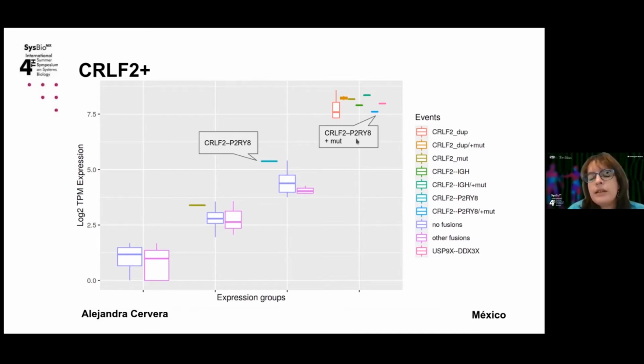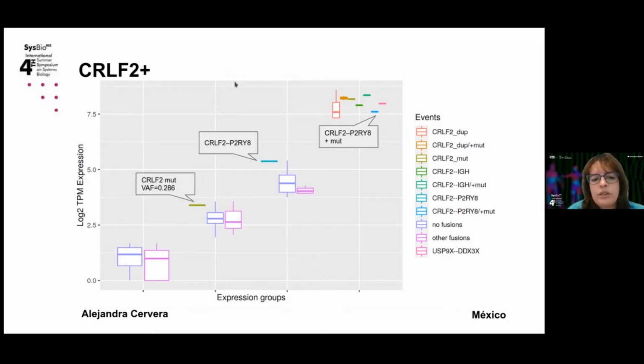So what we think is that actually it's the mutation that is driving the overexpression here, not as much as the fusion. This is also consistent with literature, but then the obvious question here would be, if it's the mutation, why do we have a mutation in this cluster that is with lower expression?